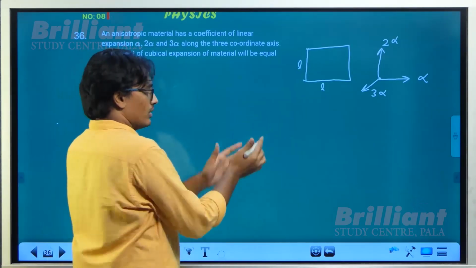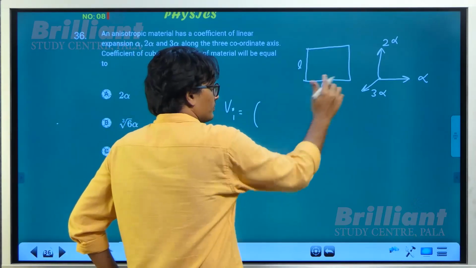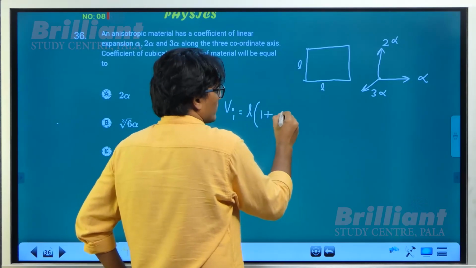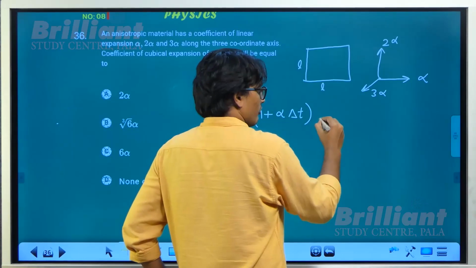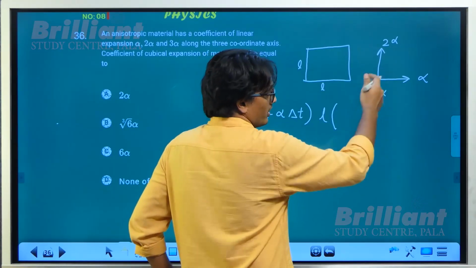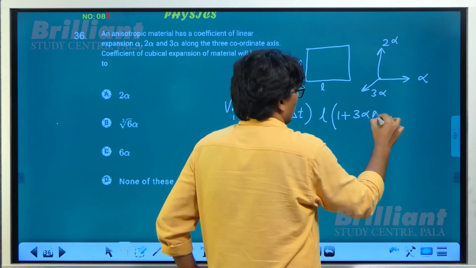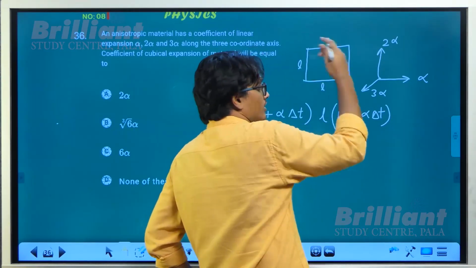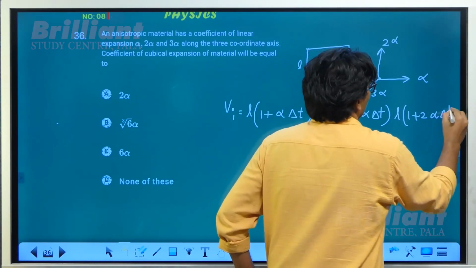Now when you heat this, final volume is final length, which is L into (1 plus alpha delta T), into final breadth, which is L into (1 plus 3 alpha delta T), into height L into (1 plus 2 alpha delta T).